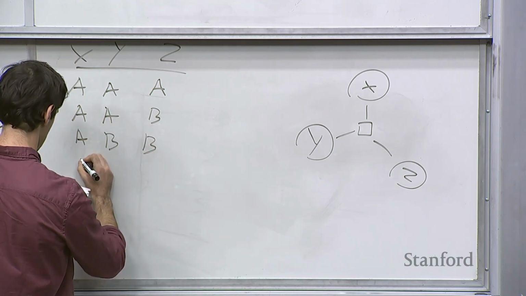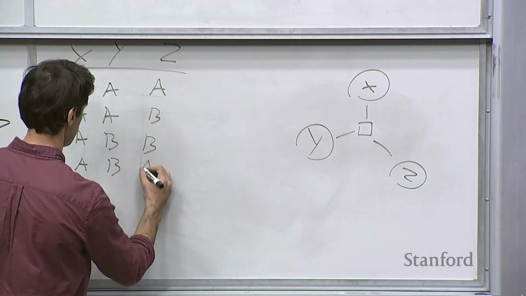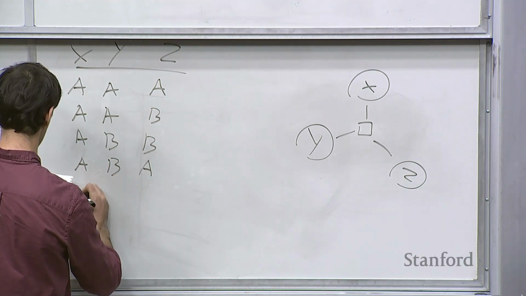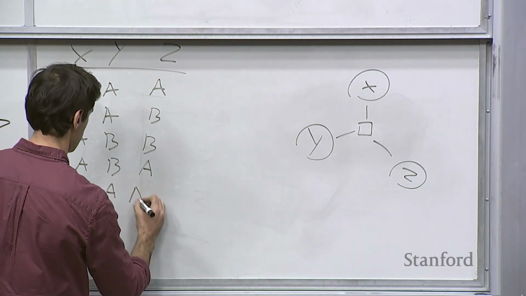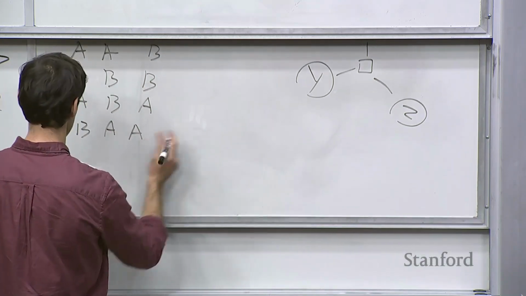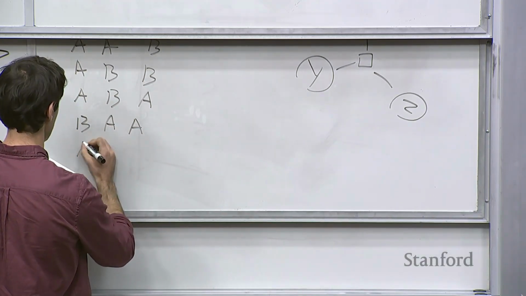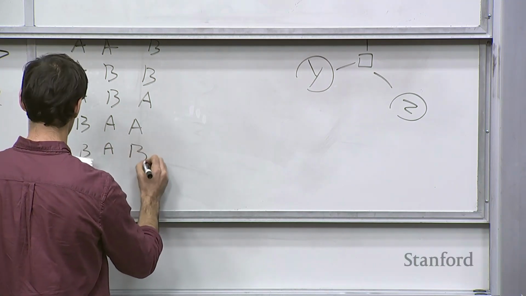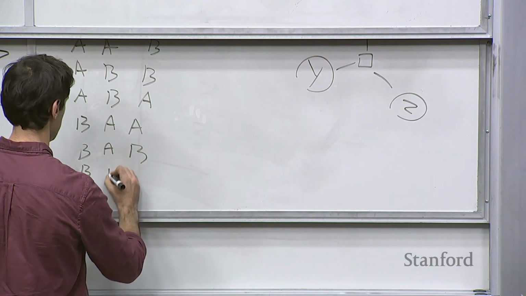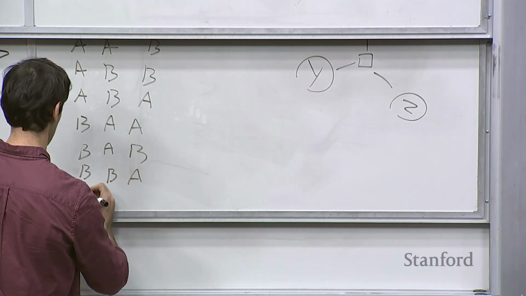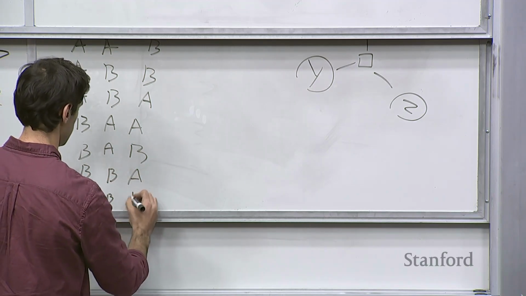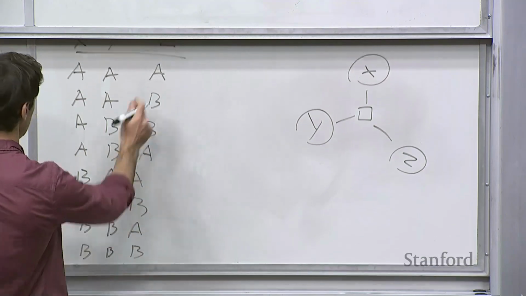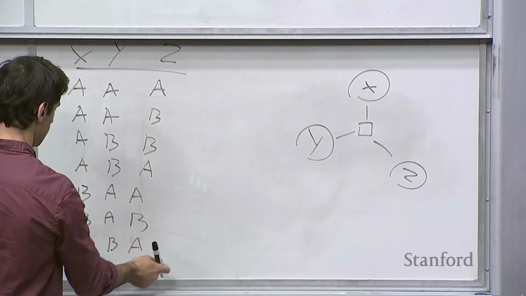A, b, a. B, a, a. B, a, b. B, b, a. And b, b, b. Is that everything? 1, 2, 3, 4, 5, 6, 7, 8. Yeah, okay.